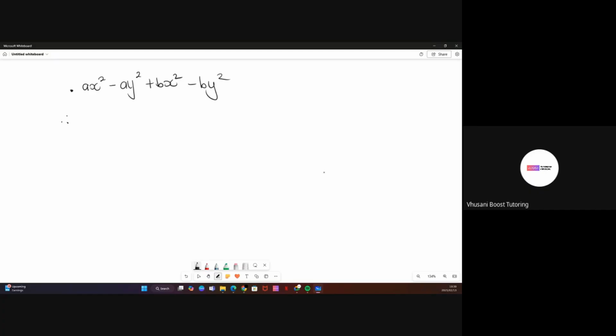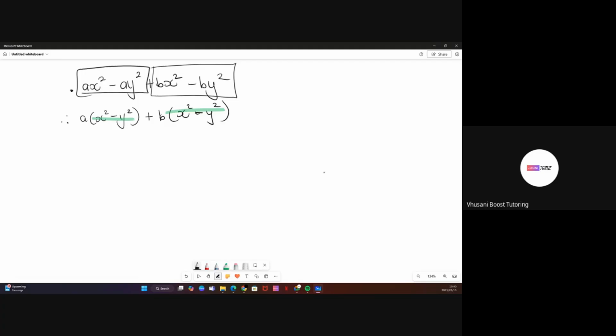So if you actually wanted to, you could just take out a common factor of a for these two. Then you take out a common factor of b for these two. And then you would have a(x squared minus y squared) plus b(x squared minus y squared), right? And then you could identify that these are the same brackets, so you can group them together.